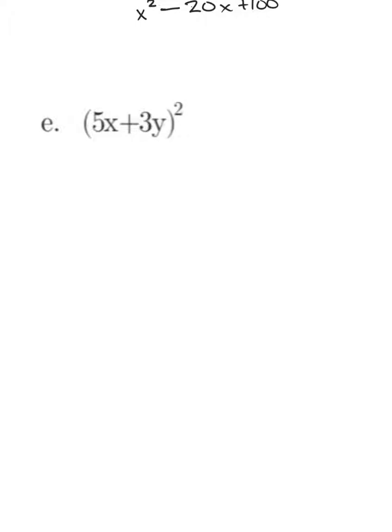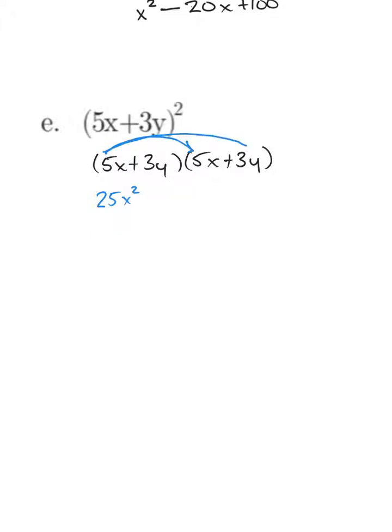Now, we can extend this to polynomials that have more than one variable. If we look at example E, 5x plus 3y squared, we're going to do basically the same thing. We start by writing it in expanded form: 5x plus 3y times 5x plus 3y. Multiplying our firsts, 5x times 5x is 25x squared. My outsides, 5x times 3y is plus 15xy.